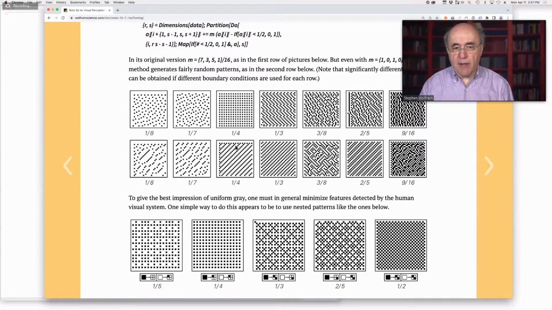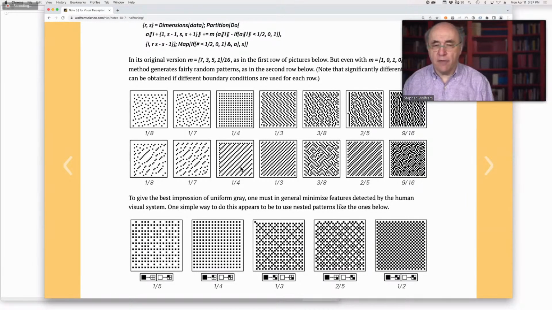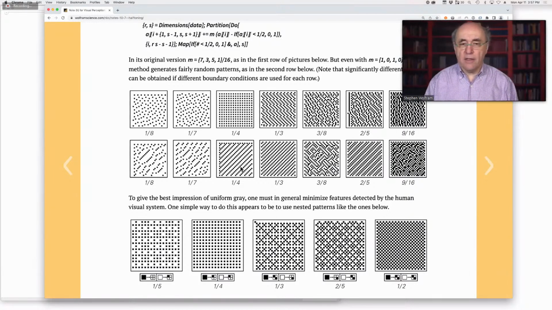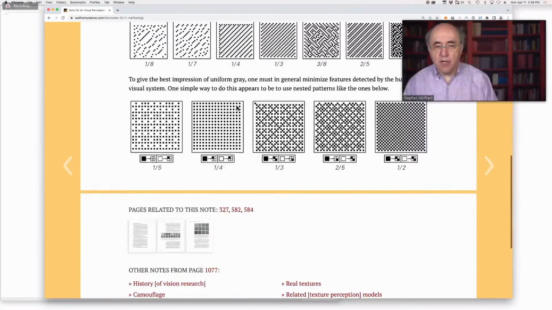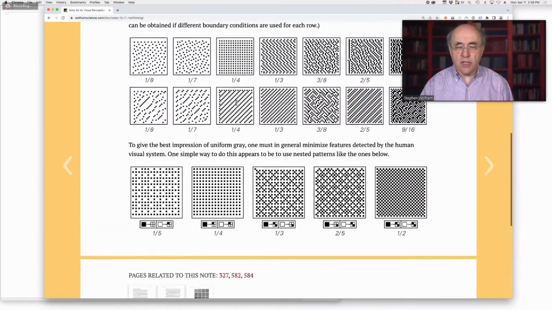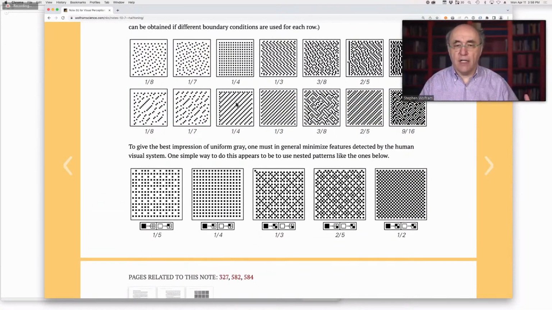What's interesting about this is different forms of half-toning give different kinds of phantom patterns in an image. So you thought you were getting uniform gray, but actually you get this very regular array, and our visual system can tell that. And so the question is, under what circumstances can you make half-toning so that our visual system will just say, oh, there's nothing there, it's featureless, it's just gray.